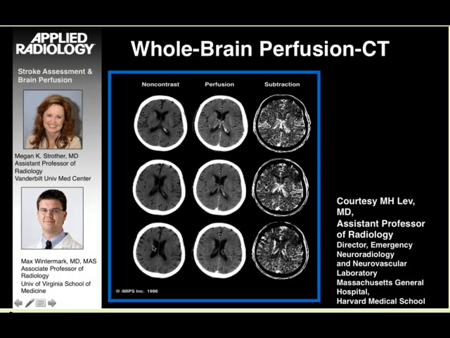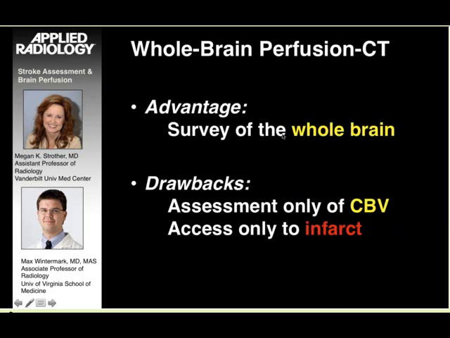You have a non-contrast head CT here in the left column. You have the corresponding CTA images at exactly the same level that were obtained during this long bolus with a constant concentration of iodinated contrast. And then you have here the subtraction images that you obtain by subtracting the non-contrast head CT from the CTA. And these images are the whole brain perfusion CT images.